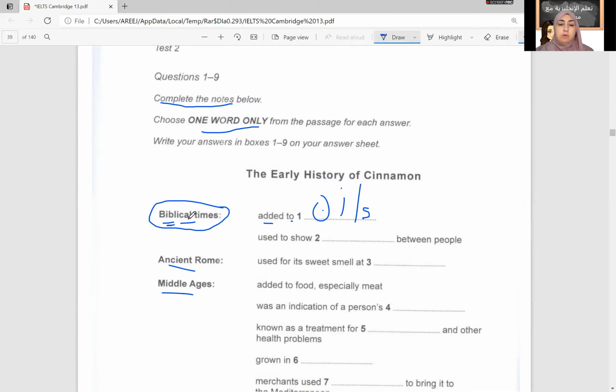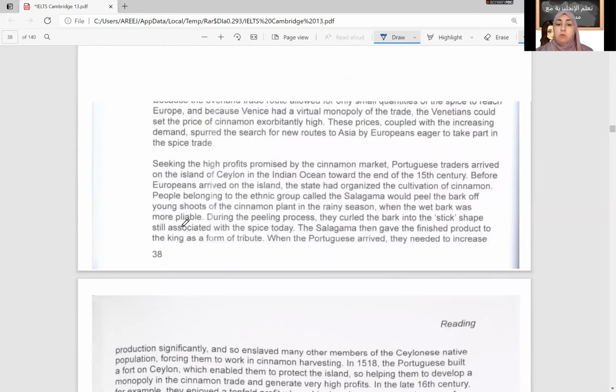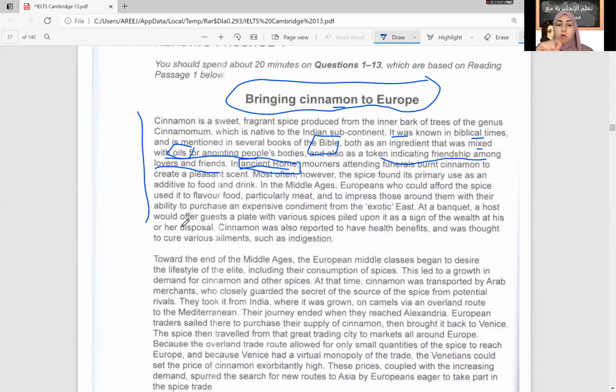Now here, biblical times again, used to show what between people? To show is one keyword, and between people. So I go back again to where I put the mark. Always try to put a mark. You can always scribble on your passage; it's acceptable. So here we have biblical times and also a token indicating friendship among lovers and friends.